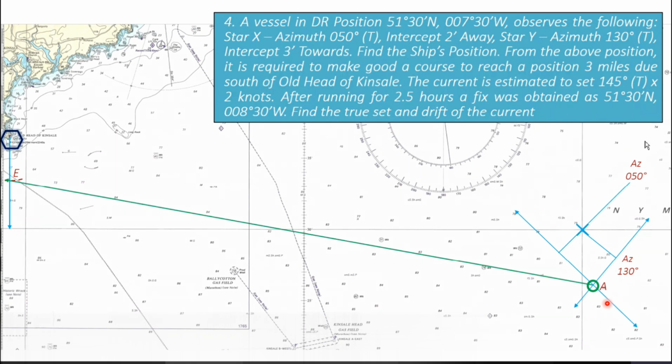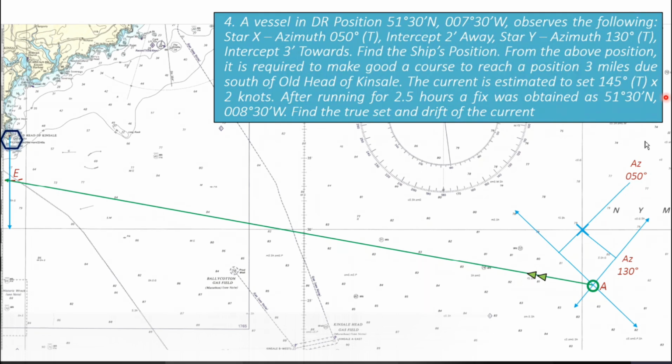This line, joining my initial position Alpha with my destination Echo, is the course which I should be making good. This is the course made good line. So let's mark it off with the double arrows. Course made good is represented by double arrows. You can see the double arrows marked on the chart.